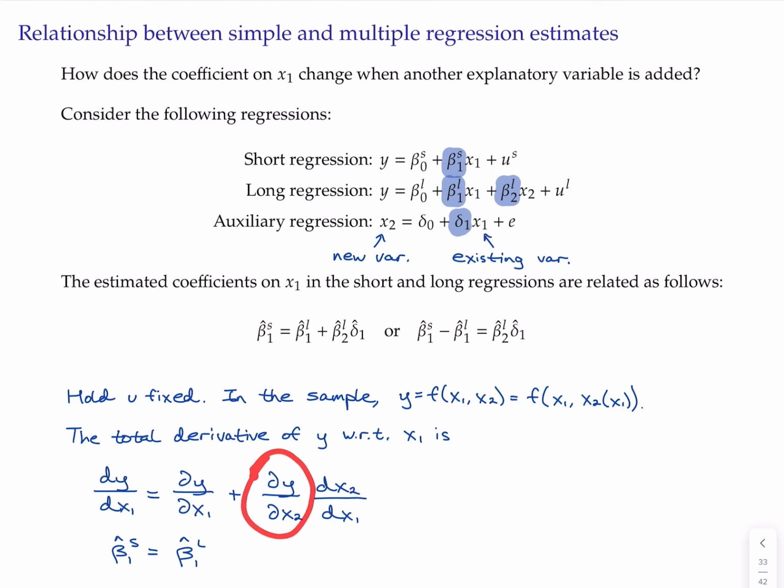Similarly, this is partial y, partial x2, holding fixed x1, so it's an estimate of the slope on x2 in the long regression. And this is like an unconditional relationship between x1 and x2, that's coming from the slope in the auxiliary regression right here.